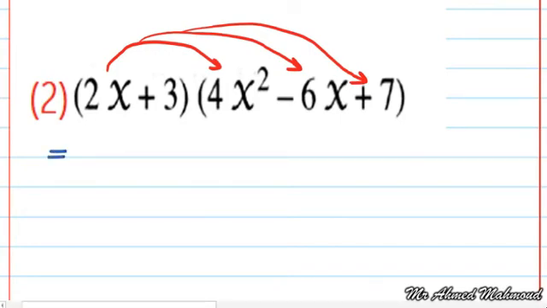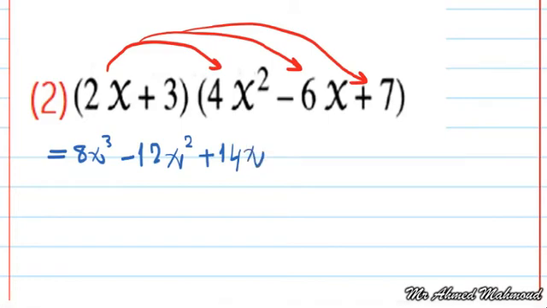Equal: 2 times 4 equals 8, x to the power of 1 times x to the power of 2 equals x to the power of 3, 2 times negative 6 equals negative 12, x times x equals x to the power of 2, 2 times 7 equals positive 14, and write down x.